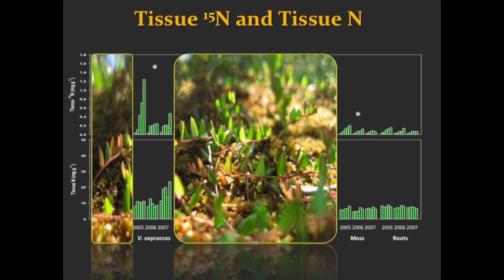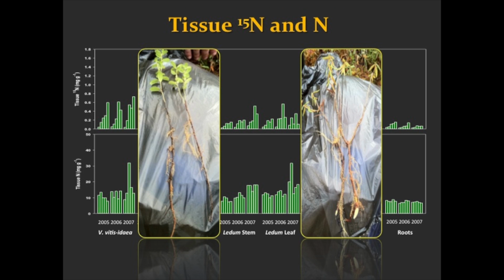In contrast, these two deep-rooted vascular plants, lingonberry and ledum, acquired their N15 much later over time, and they don't lose their N15 over time either. Particularly in the stem, the woody tissue of ledum, you actually see it increase over time.